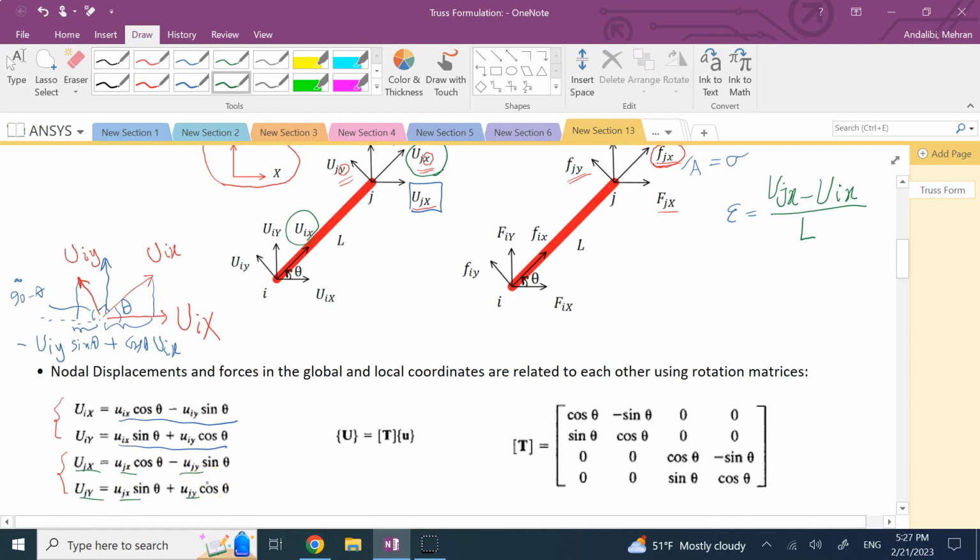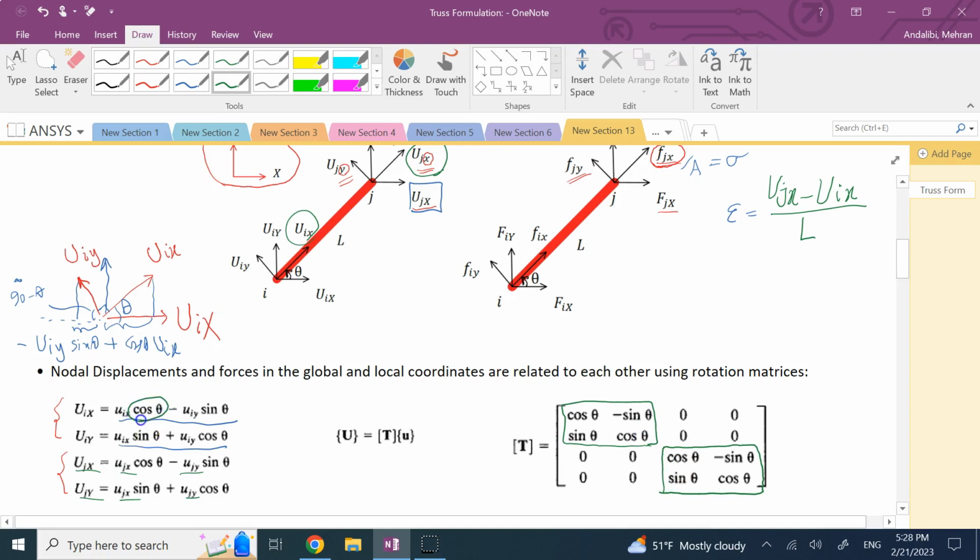So if I want, I can now relate the U's in the capital system and the U's in the small system to each other by a simple transformation matrix, where the transformation comes from this 2 by 2 rotation matrix, which is a rotation about the z-axis with angle theta, which comes from these components.